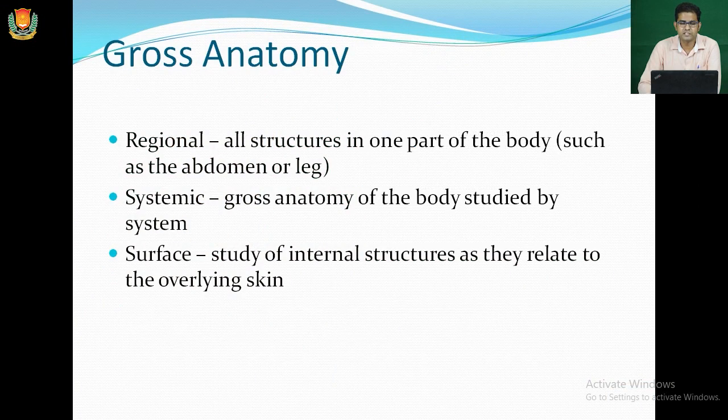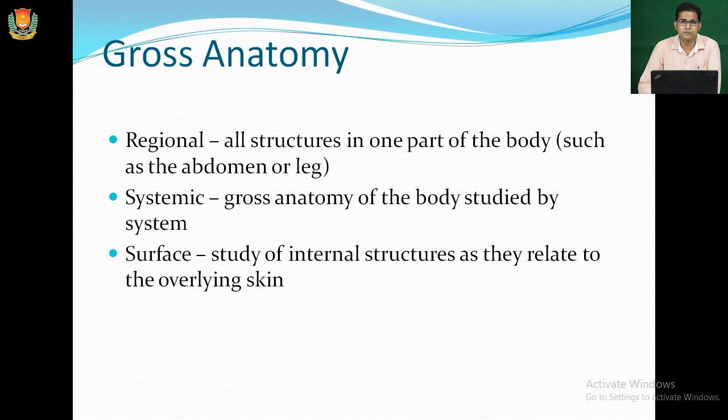Further, anatomy has been classified in detail into gross anatomy, microscopic anatomy, as well as surface anatomy. In gross anatomy, we discuss the regional aspects of particular tissues and cells.